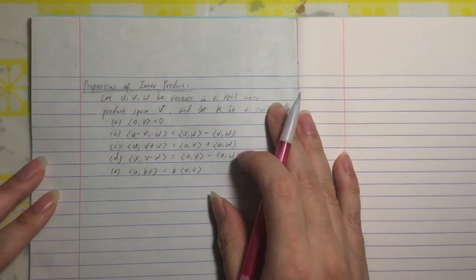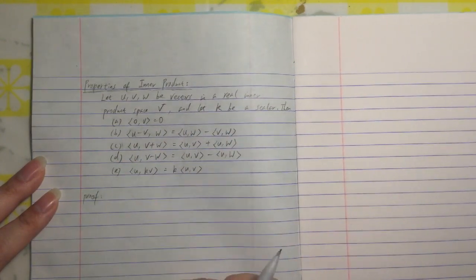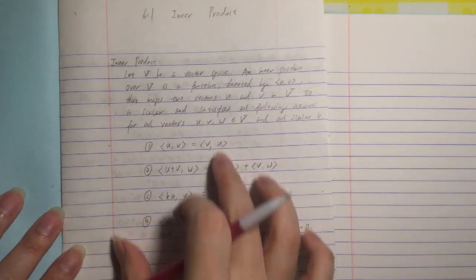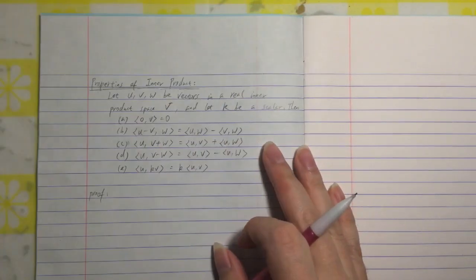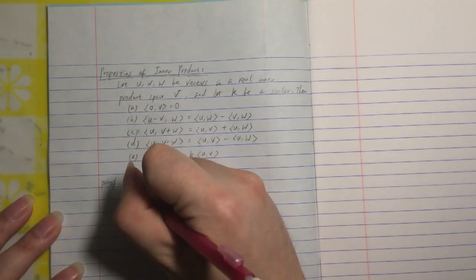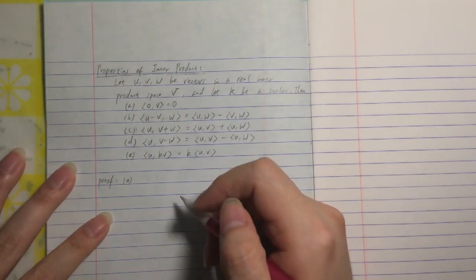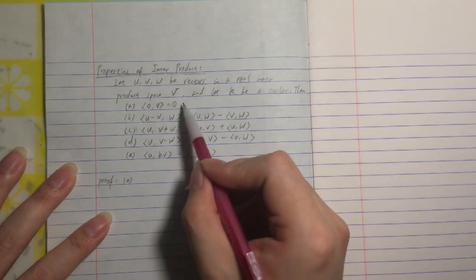Now let's prove it. When we prove these properties, we can use these theorems of inner product space. We have these 4 theorems. We'll use these 4 theorems to prove these properties. Let's prove property part A first. For property A, we try to prove that inner product of 0, V equals 0.